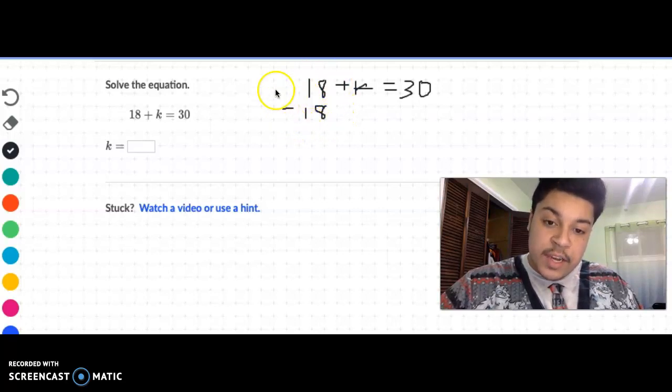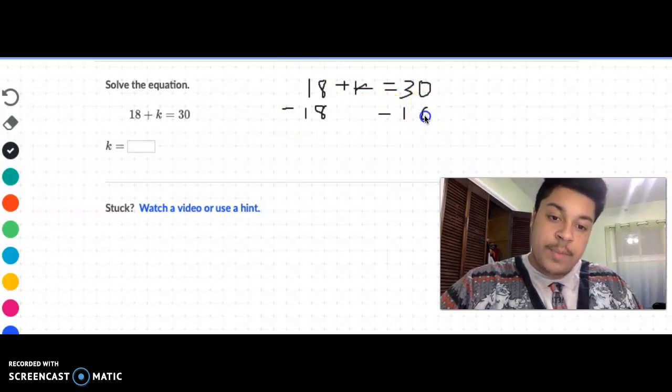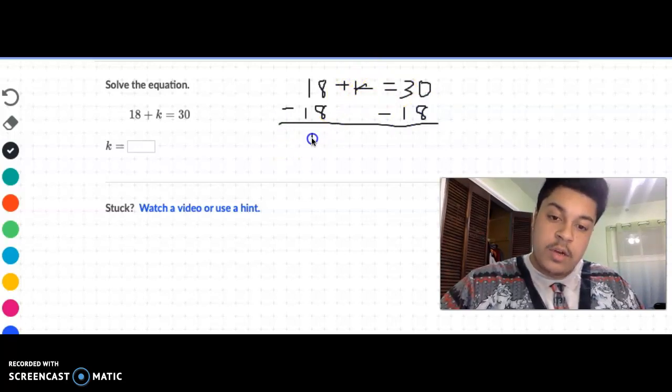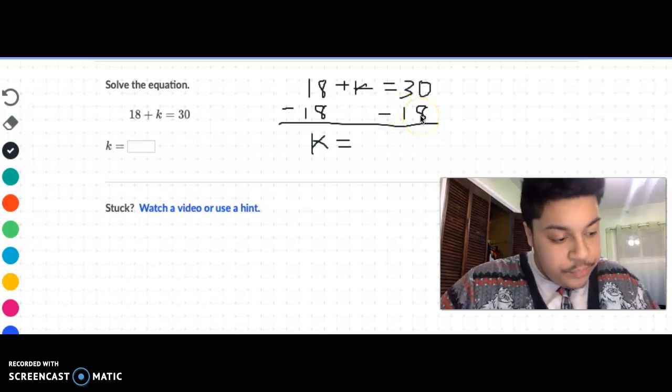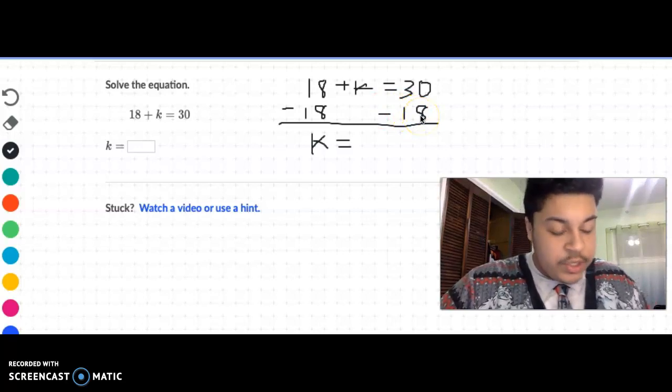Whatever you do to this side, you have to do to this side. So you're going to subtract 18 from 30. Then you're just left with the k and the equal sign. So k is equal to 30 minus 18, which is 12.